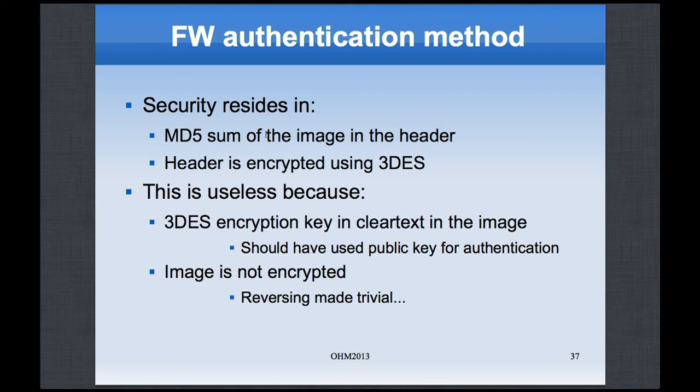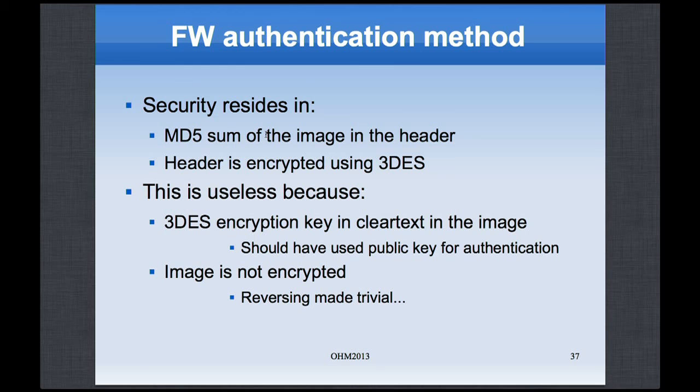Okay. So just to sum up, the security in this firmware update resides in the check of the MD5 sum of an image, which is in a header, which is symmetrically encrypted with triple DES, and well, it's useless because we can find the key, and even the image is not encrypted.